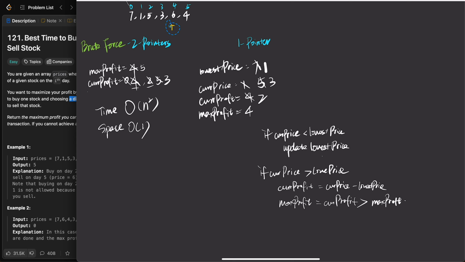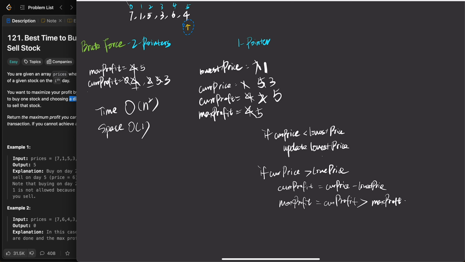And moving the pointer to 6, now the current profit will be 5 because the lowest price is always 1 now, and the current profit is greater than the maximum profit, so we can update it. It turns out to be 5, and then we continue to move the pointer to the next one.